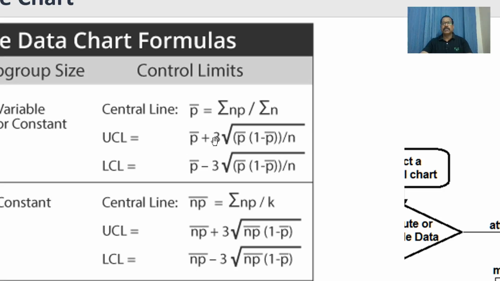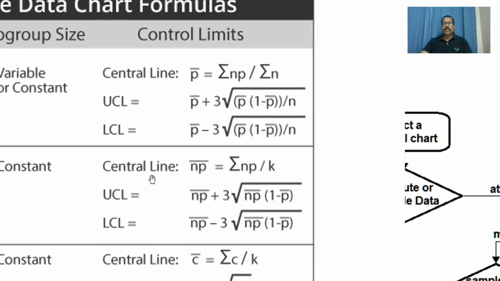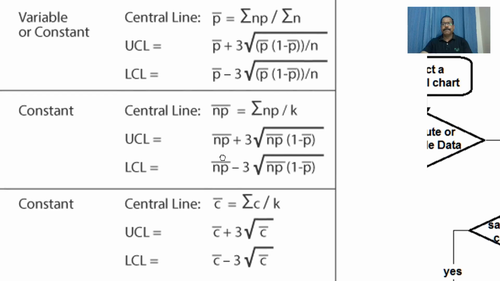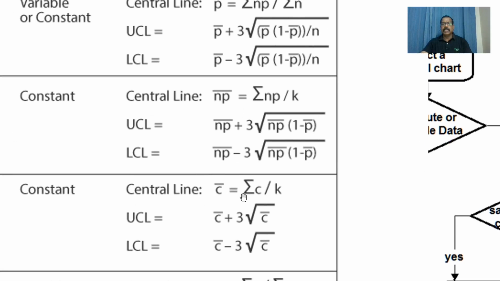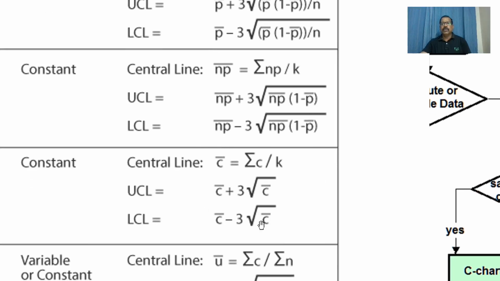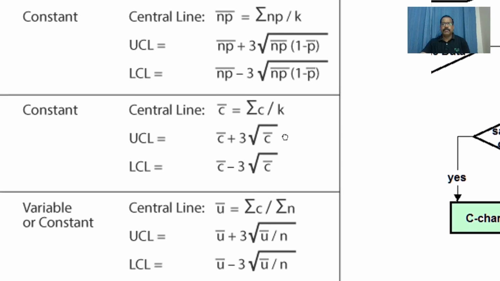UCL is P bar plus 3 times the square root of P bar multiplied by 1 minus P bar, whole divided by N. And here you will have minus for LCL. Similarly, for the NP chart the center line is summation of NP divided by K, and for the C chart the center line is summation of C divided by K. Please remember the values and formulas.